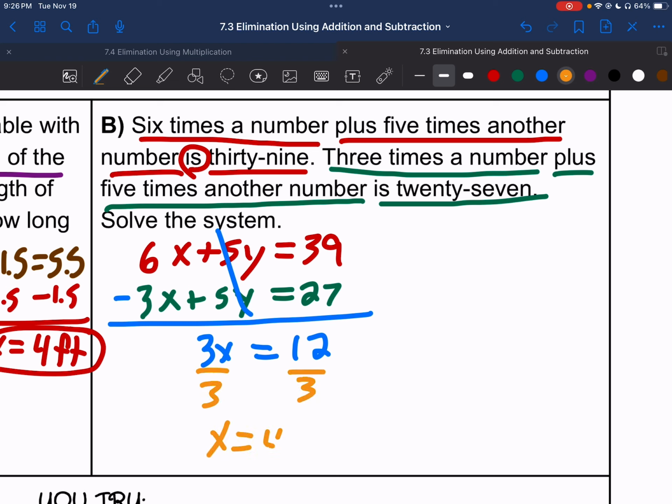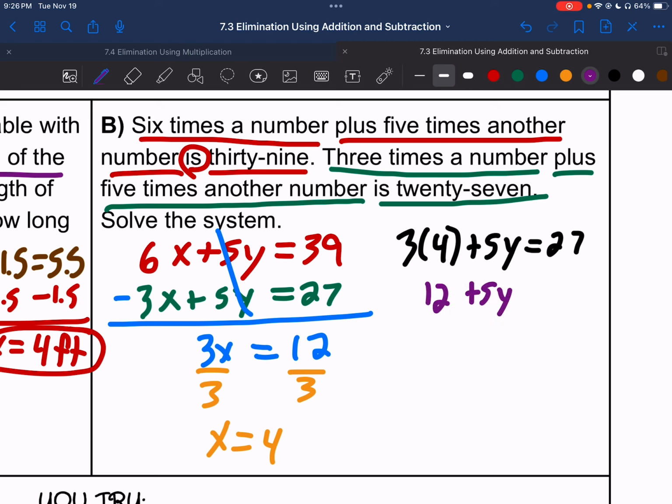X is equal to 4. Now we need to find our value for our y, so I'm going to use that second equation, and I'm going to do 3 times 4 plus 5y equals 27. 3 times 4 is 12, plus 5y is 27. Subtract 12 from both sides.